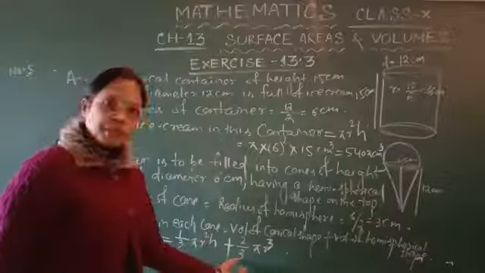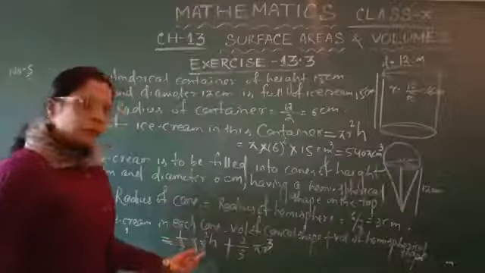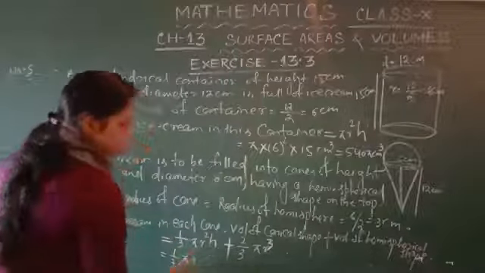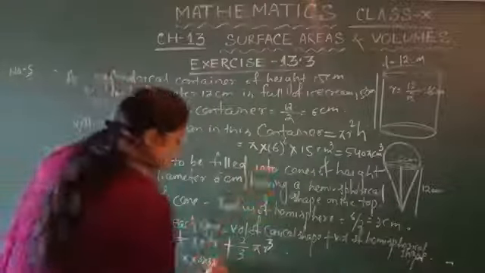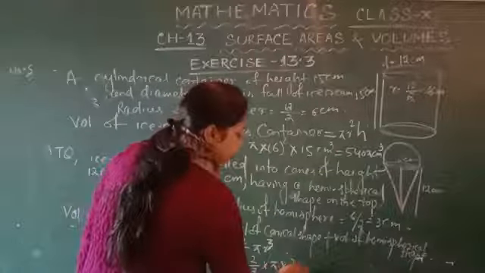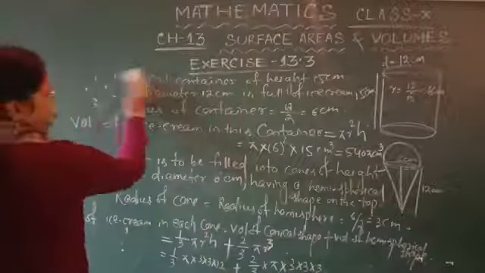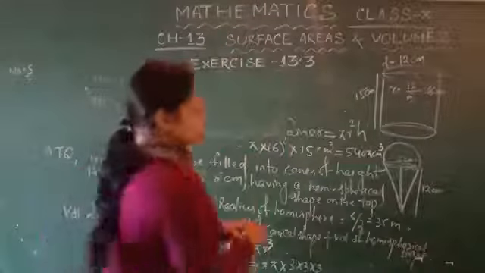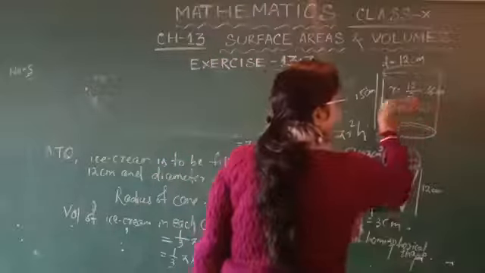So now, 1 upon 3 into pi into 3 into 3 into h is 12, plus 2 upon 3 into pi into 3 into 3 into 3.